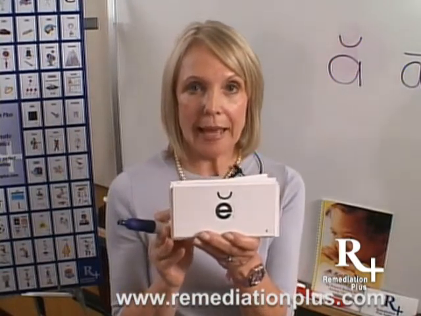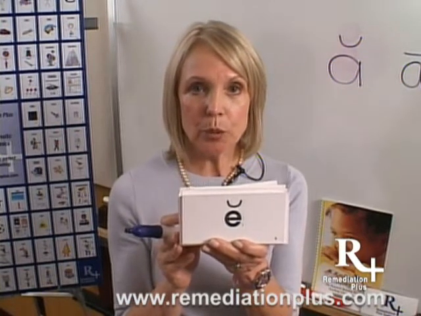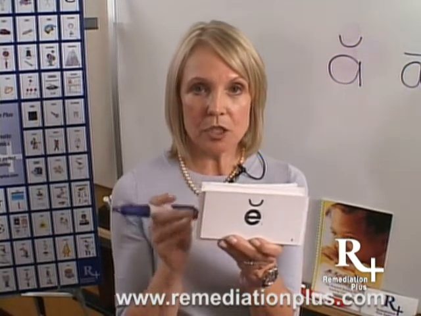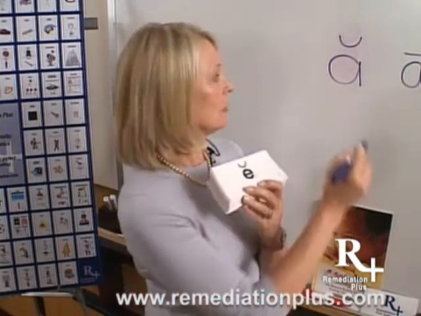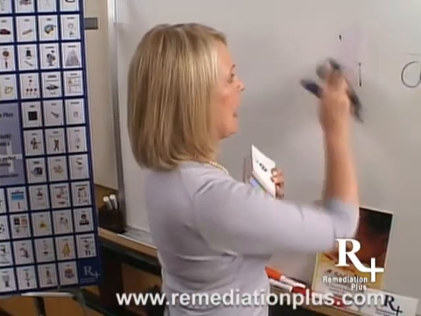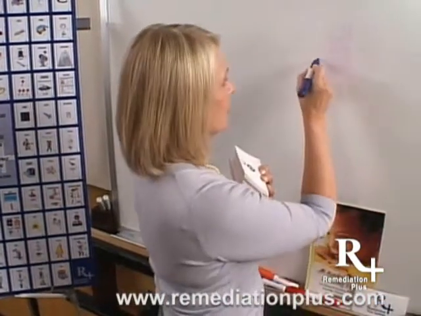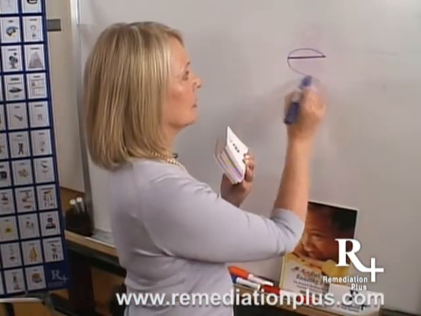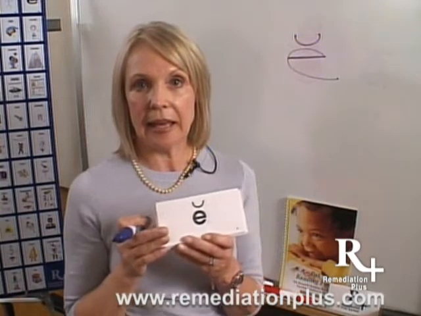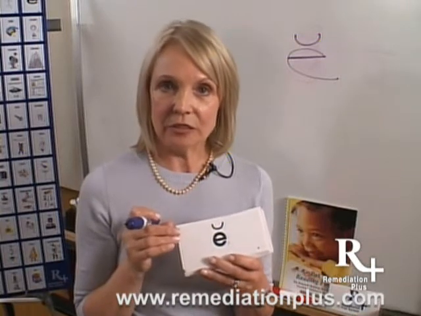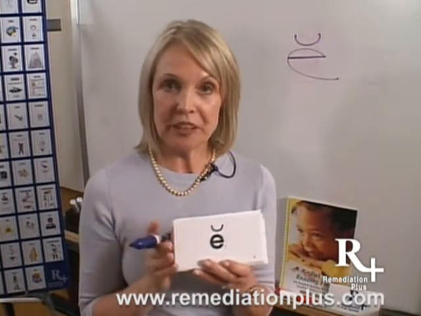E for Eddie. You'll notice that my mouth is just, my lips are spreading. I often teach the children that for eh, this is my mouth. Eh for Eddie. Again, Eddie is very nicely elongated. Elephant has been used remedially in our classrooms for years.